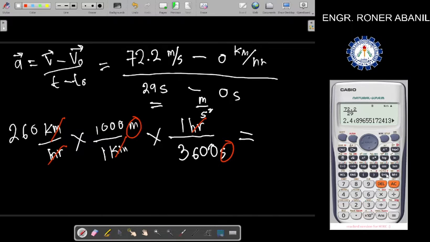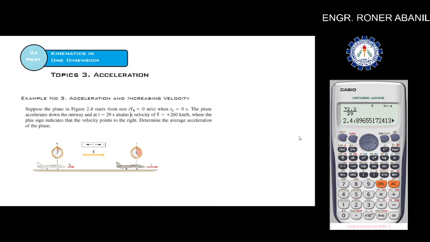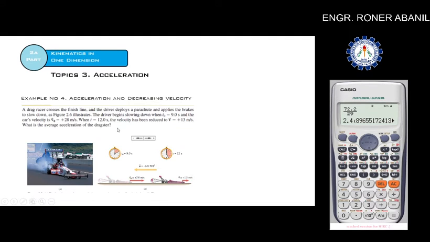So, yung acceleration natin is magiging 2.48 meters per second squared. Ito yung sagot natin doon sa problem. Okay. So, okay na tayo sa acceleration.